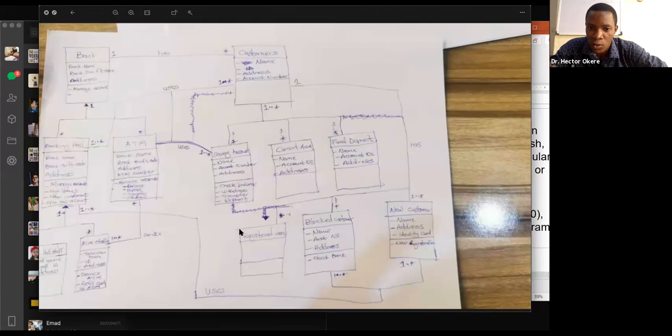And it also makes you a better system analyst, because when you become a system analyst in time, you want to give as detailed information as possible. You see my own class diagram, it gave as much detail as possible. Maybe not enough, but it gave more detail than most of you, you see?